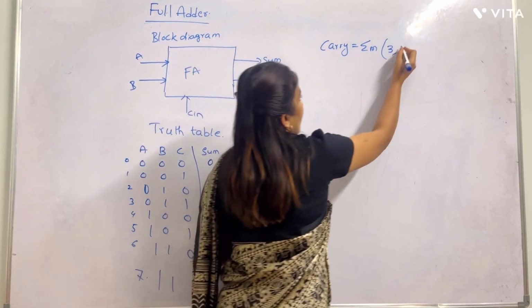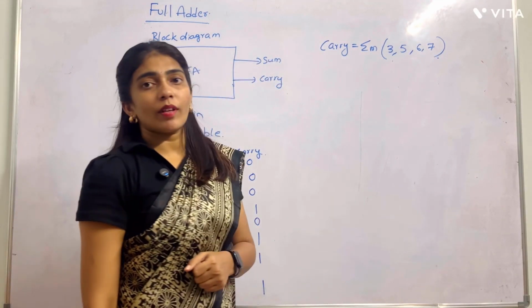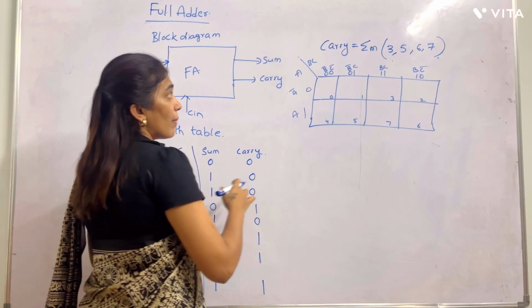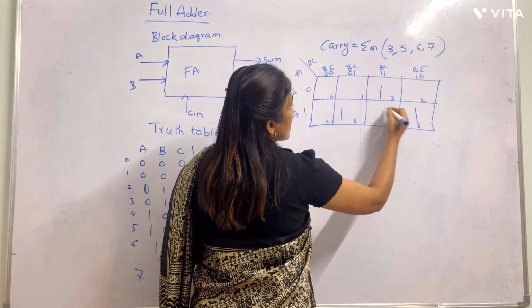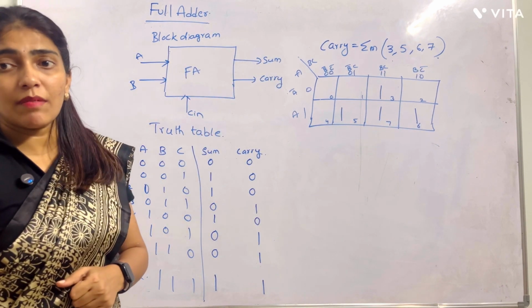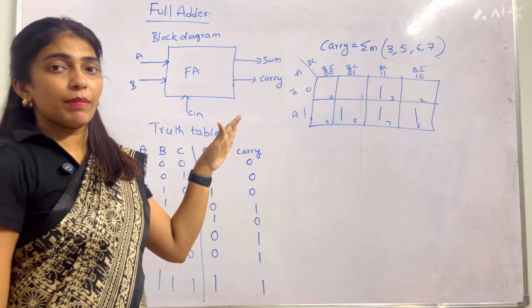So 3, 5, 6, 7. On these locations we have to keep the min terms in the K map. At 3, 5, 6, 7 we have the min terms, so we are keeping the ones at those locations.